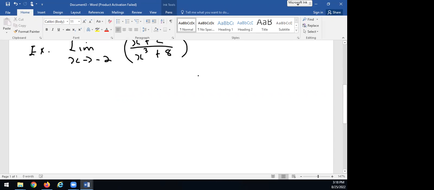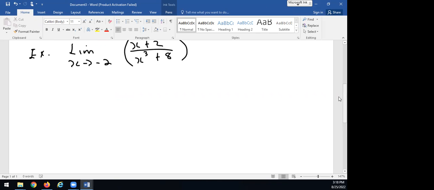Any thoughts on this one? If you do a direct substitution, do we have a 0 in the denominator? No, but we have a 0 in the numerator, which means the whole thing would be 0, right? If the 0 is only in the numerator, then we're fine.